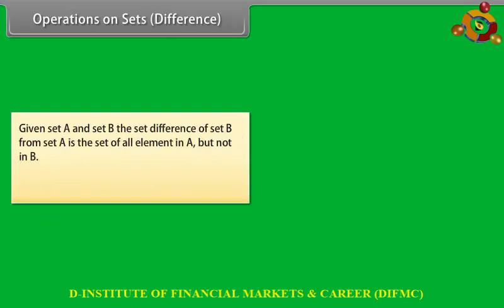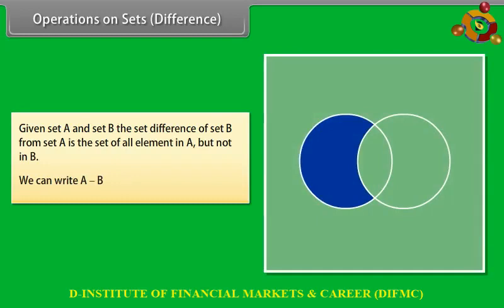Operations on sets. Difference. Given set A and set B, the set difference of set B from set A is the set of all elements in A but not in B. We can write A minus B. Look at this Venn diagram.